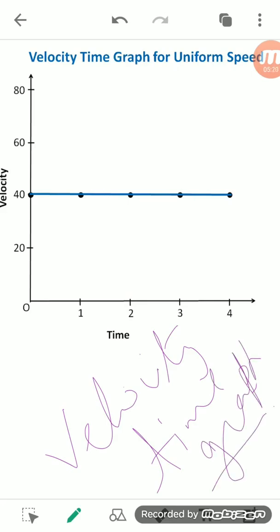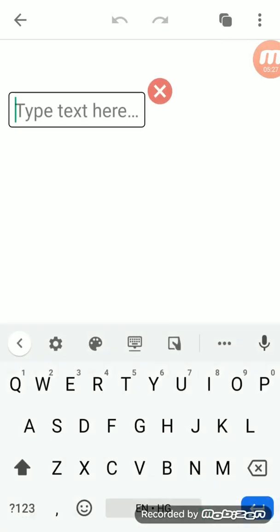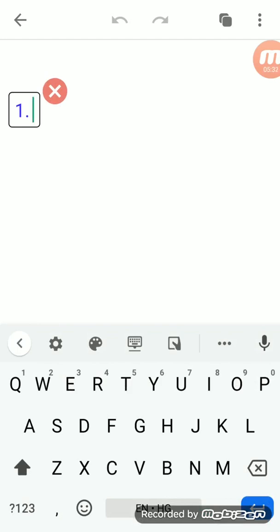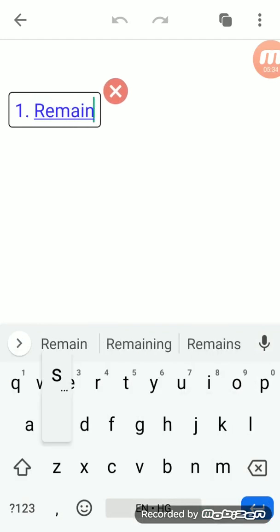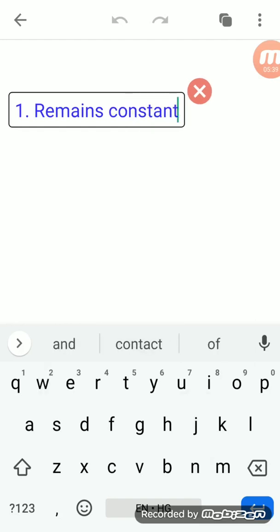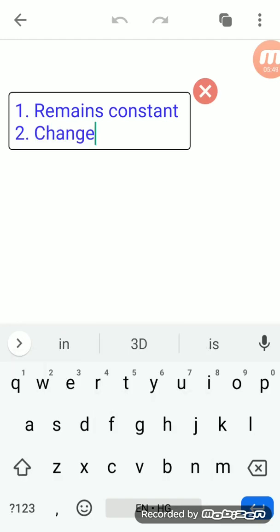The velocity time graph is basically divided into three. The first one is when the speed of the body remains constant. The second one is when the speed of the body changes at a uniform rate.